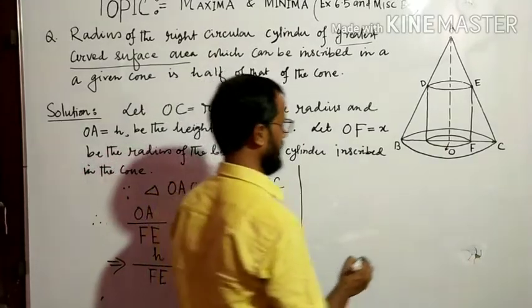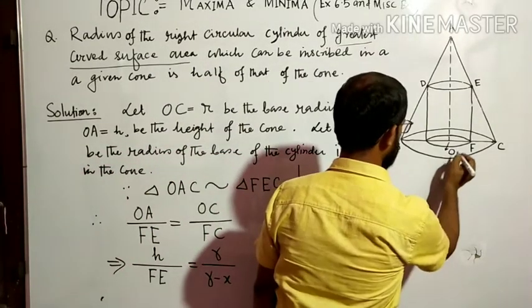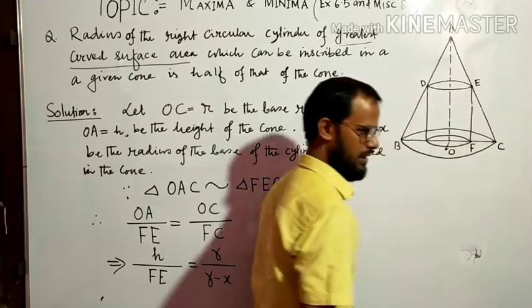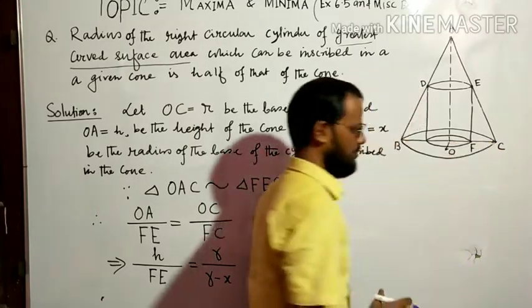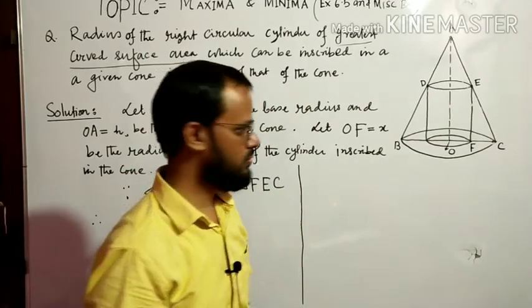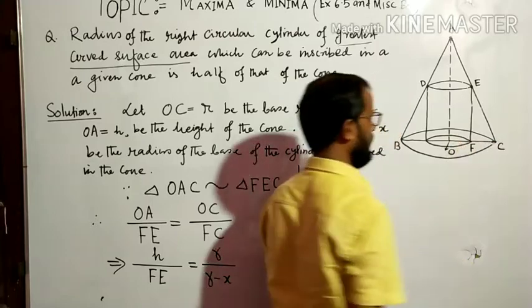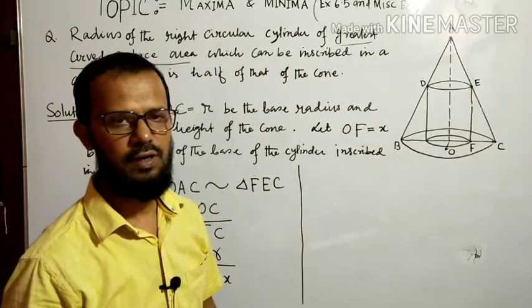If this is the radius of the cylinder, OF, and this is OC, you are to show that OF is equal to half of OC.